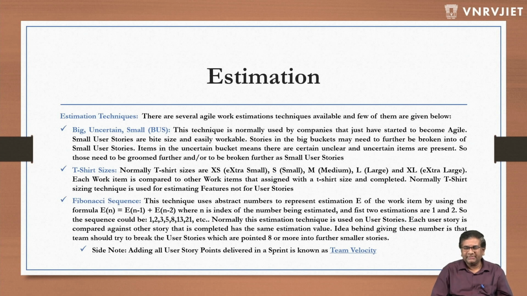So in order to do the estimation, they will start with a very simple piece of work and make it the unit story. Days are there in the back of the mind, but normally they define a very unit work, like this is the smallest work we can have in this project.